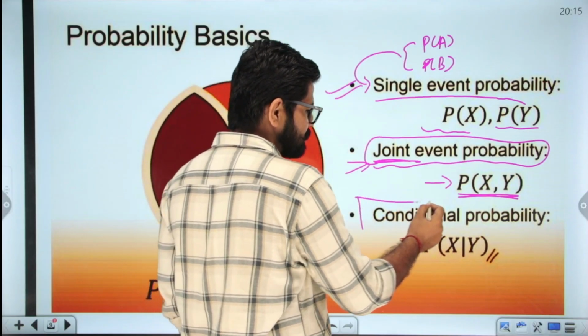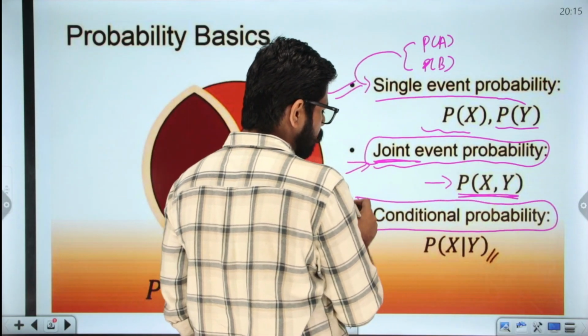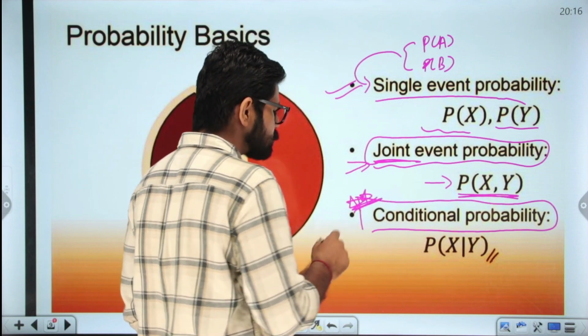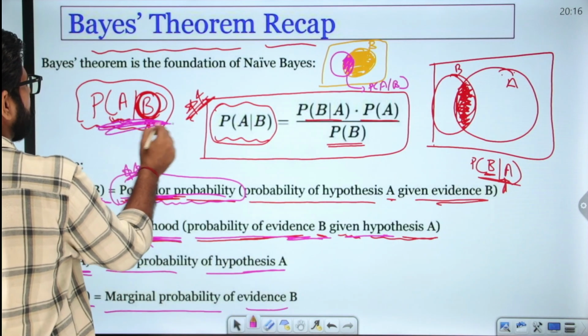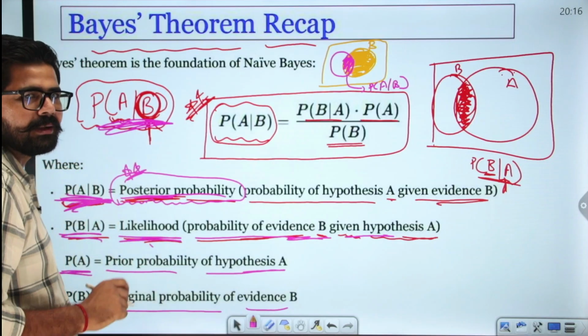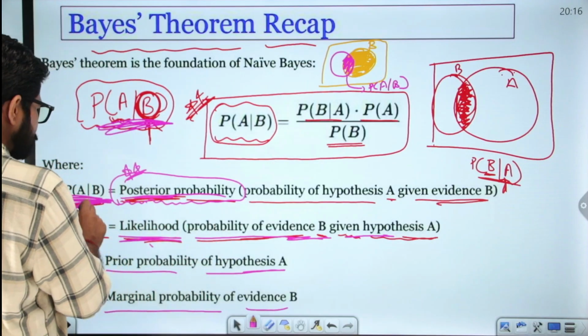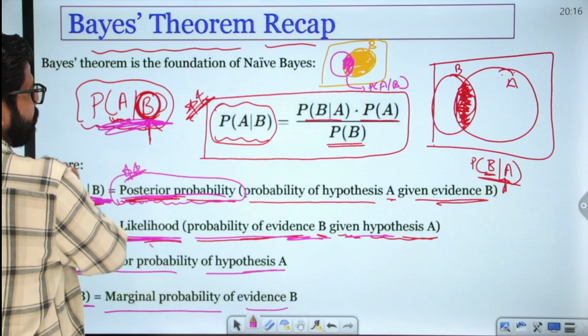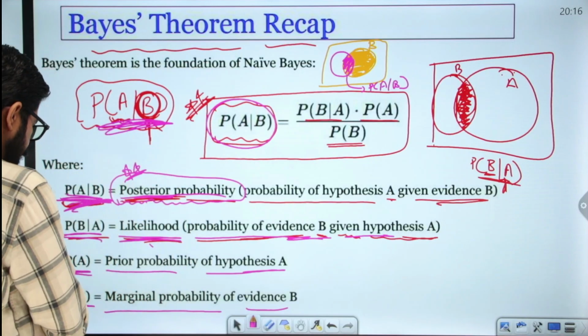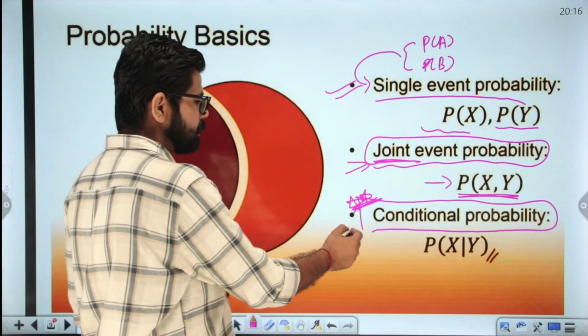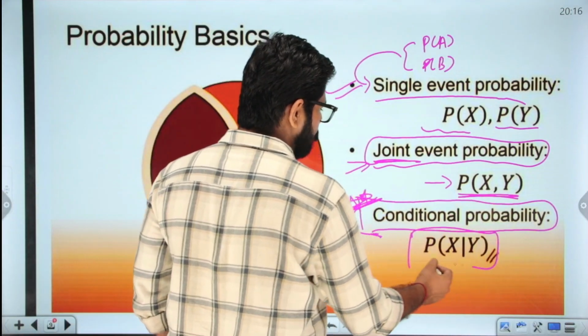And last is the conditional probability. The terminology which is mainly used for finding this P(A|B) is known as conditional probability. Here you are basically finding the conditional probability. When you apply this in a formula, it is known as Bayes theorem. So conditional probability is P(X|Y).